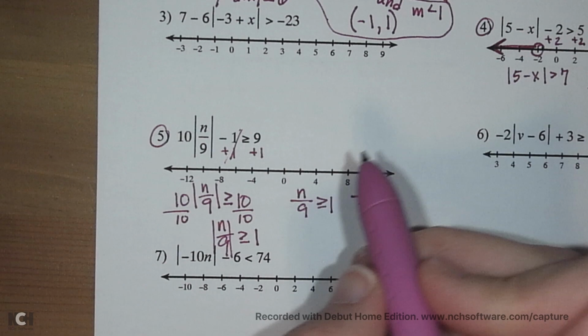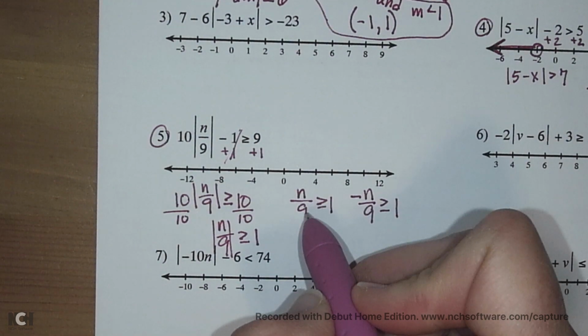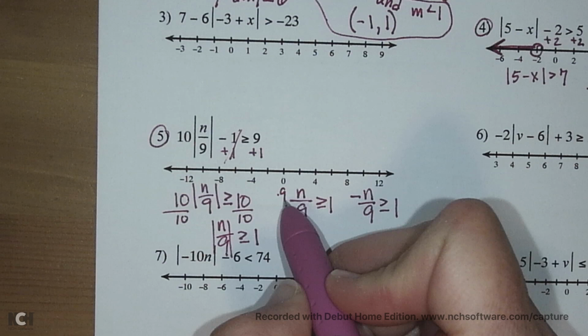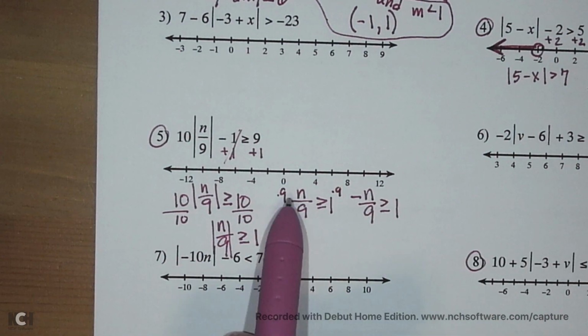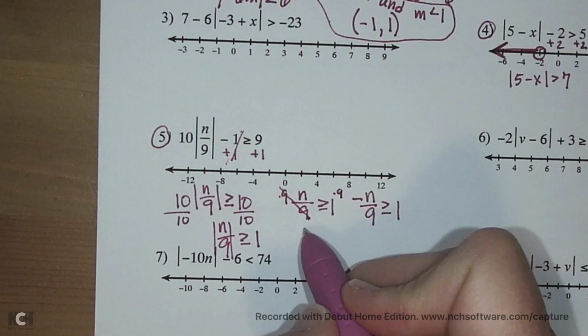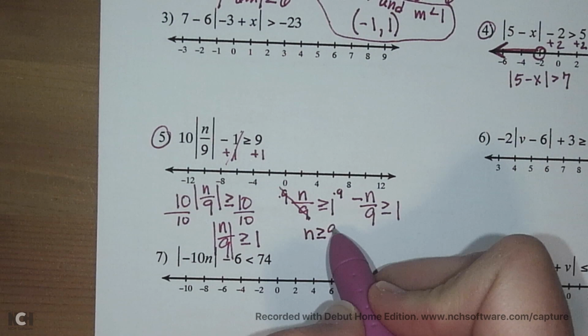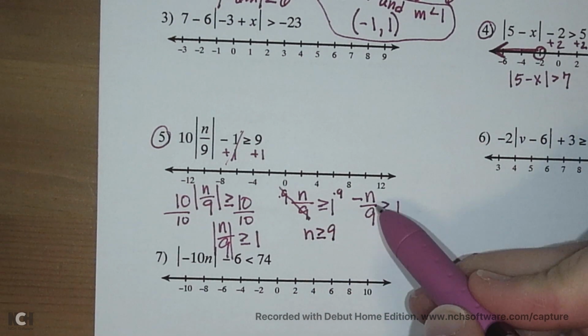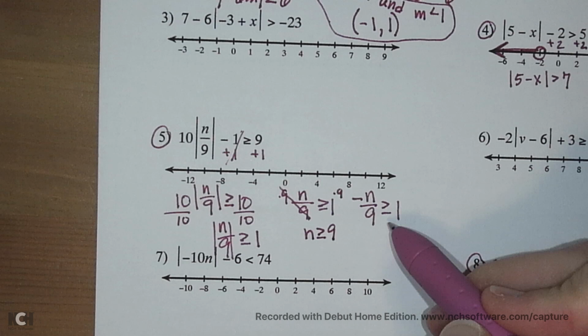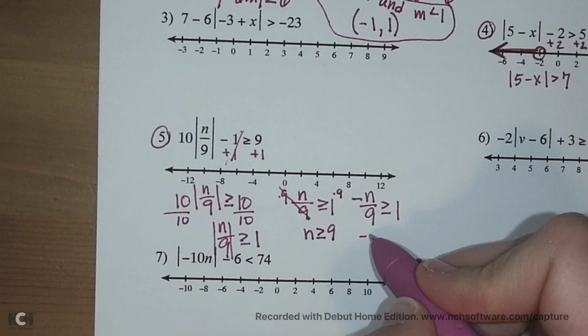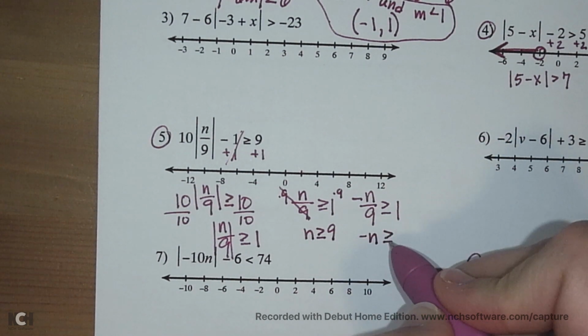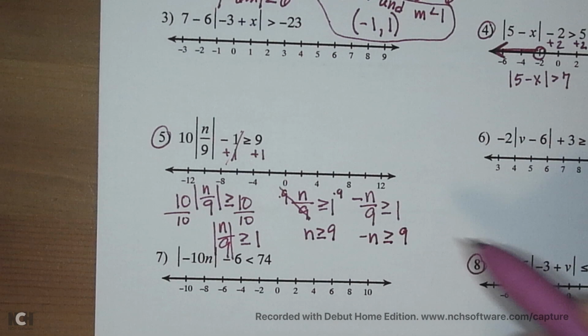Okay, let's solve. Over here we need to get that 9 out of the denominator, so let's multiply both sides by 9. And what that does is that cancels that out, and you get n is greater than or equal to 9. Over here, same idea, we're going to multiply by 9 on both sides, and that'll leave us with negative n is greater than or equal to 9.